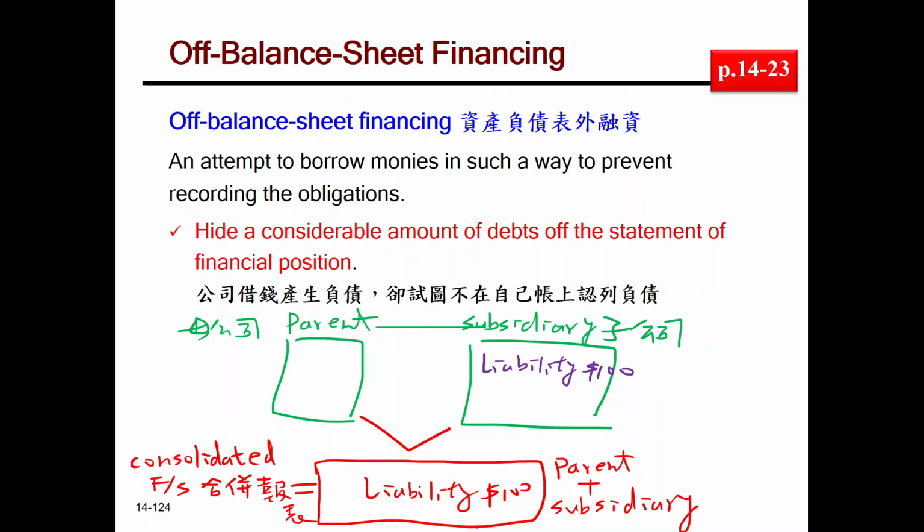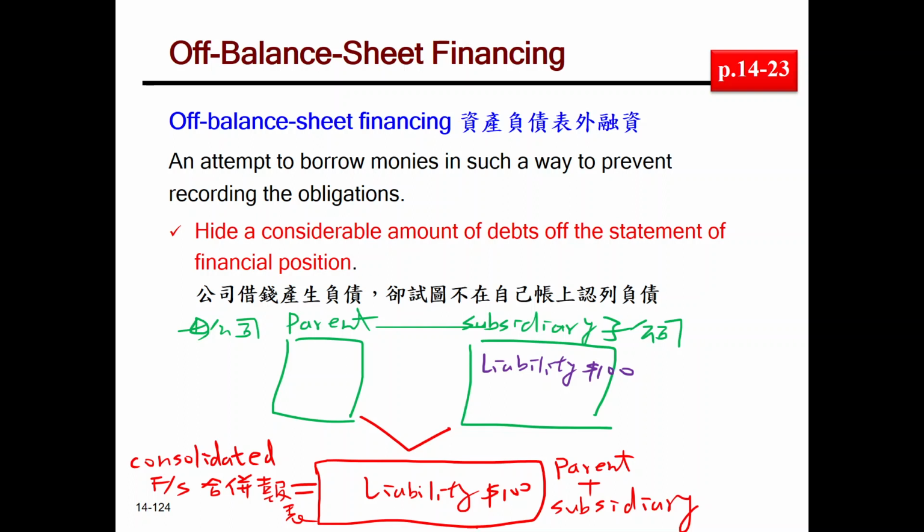But when we combine into one, we have some requirements. So if you are too smart, you will try to avoid the requirements. If you could avoid the requirements, then you don't need to do these kinds of things. Okay? So how to make off-balance sheet financing? How to make the liabilities not reported on your financial statements?